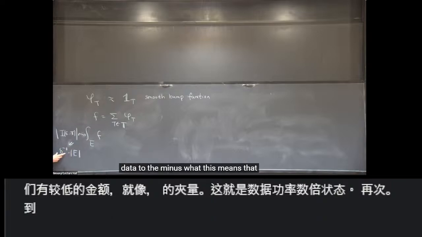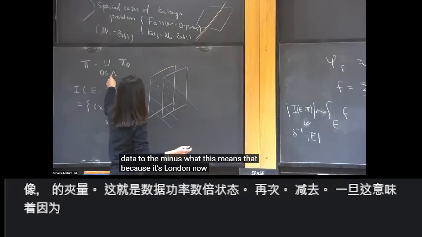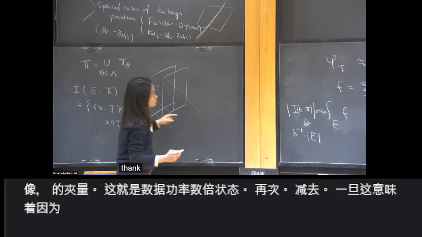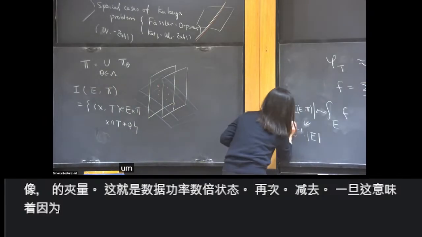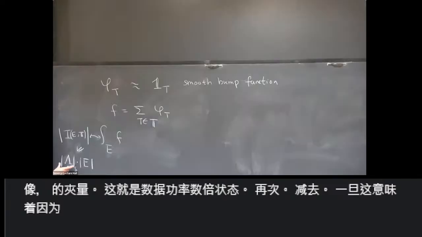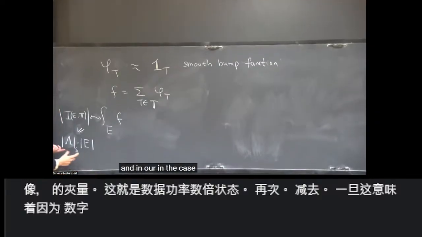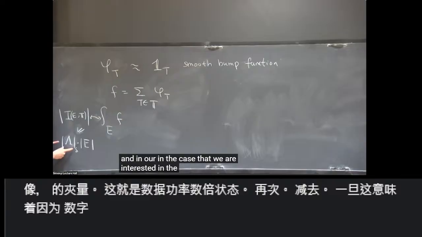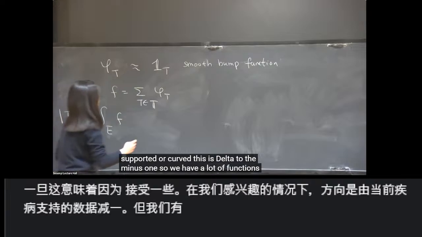This means that, sorry, that should be the delta covering number of the set lambda. And in the case that we are interested in, the directions are supported on a curve. This is delta to the -1. So we have a lower bound.